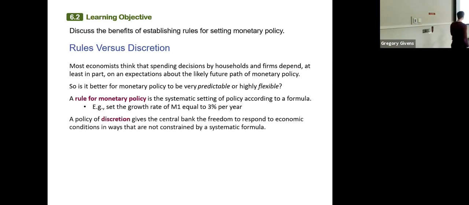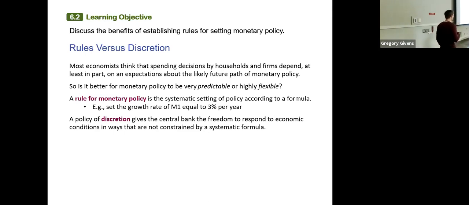A policy of discretion is something entirely different. Under a discretionary policy, the central bank really has the freedom to set interest rates in the best way it sees fit at each and every one of its policy meetings, okay?